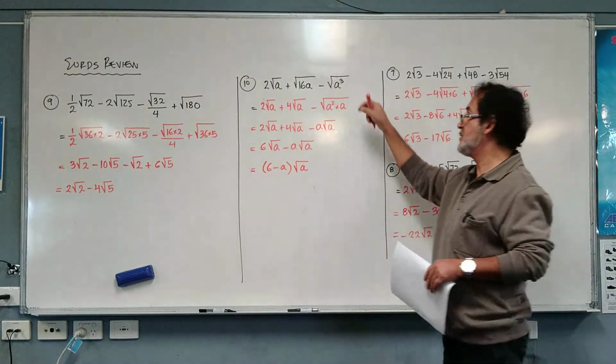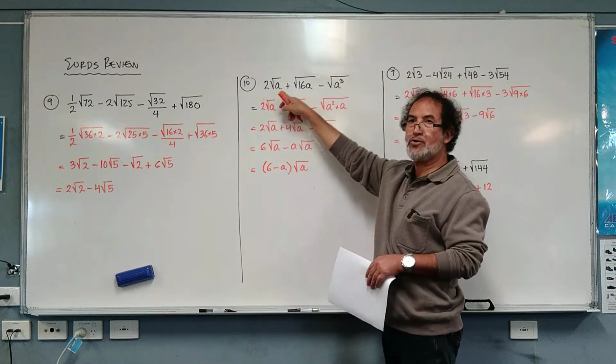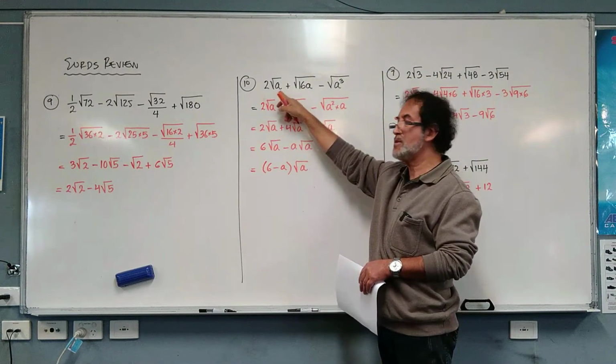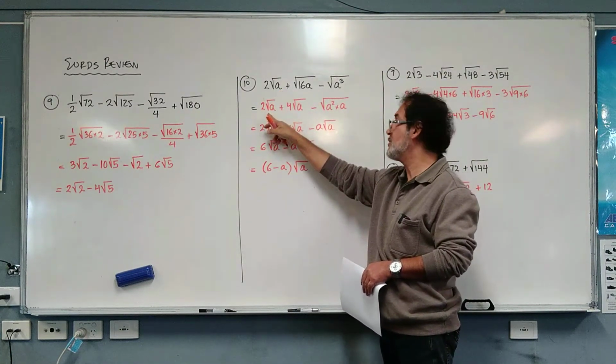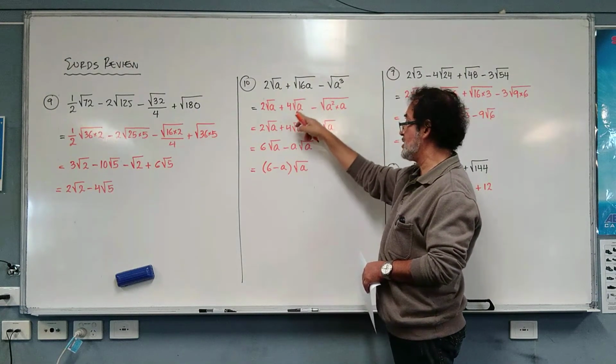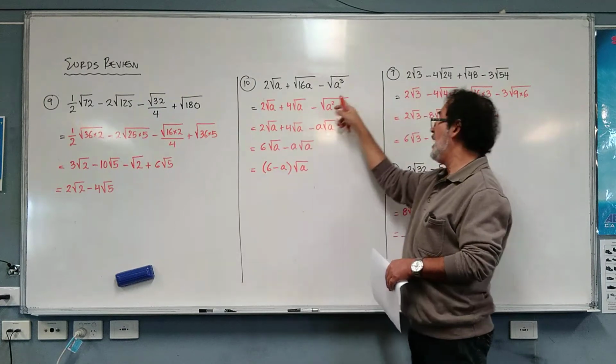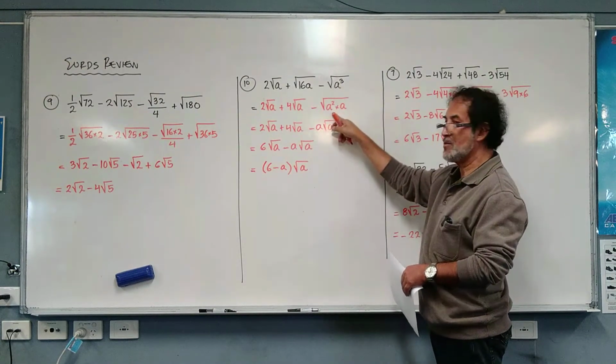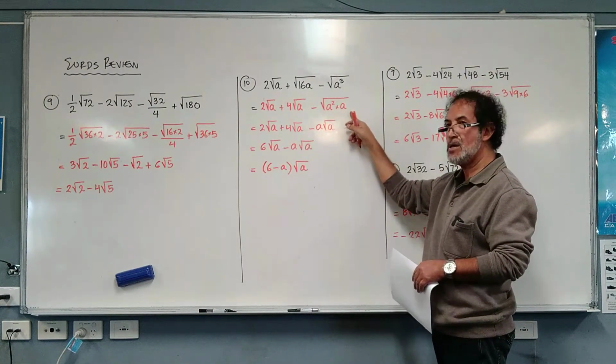Okay, let's see what we did. So we could not simplify the first term, so we just copy that down. We could simplify this, so this is square root of 16, which is just 4. And then we know that a cubed is the same as a squared times a.